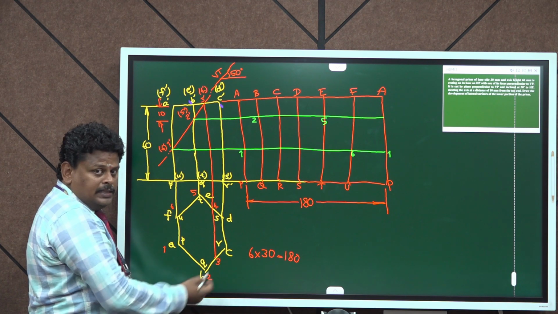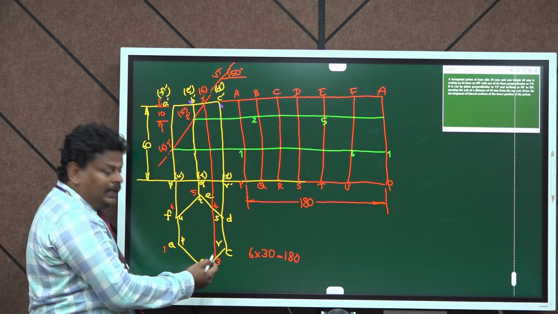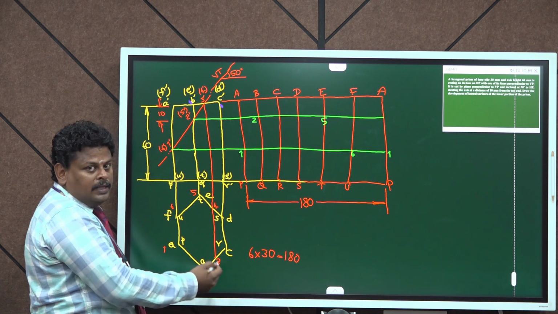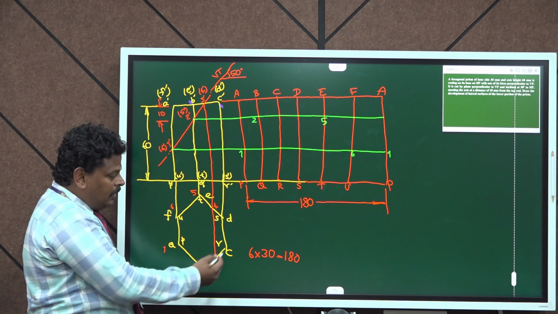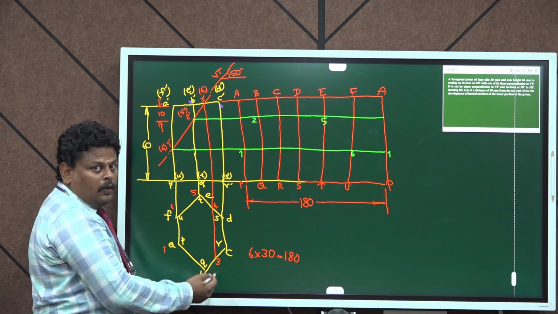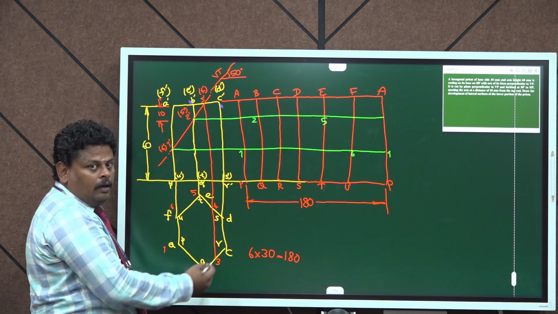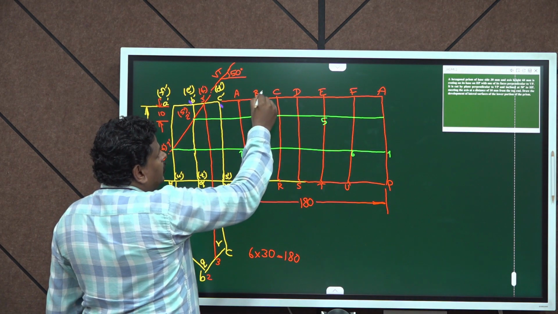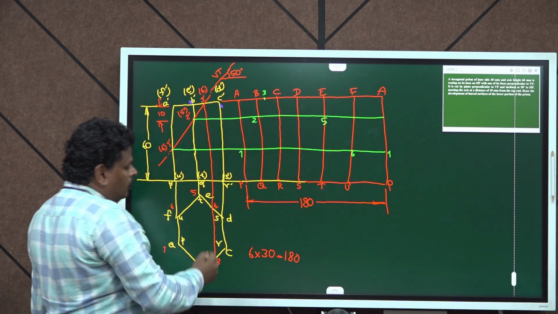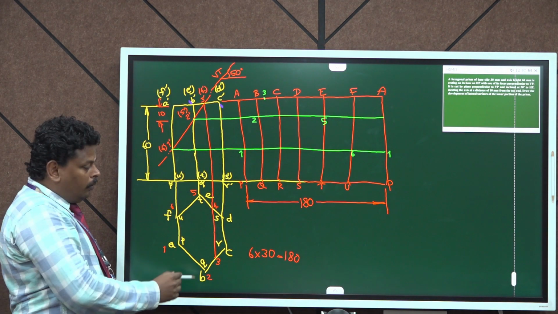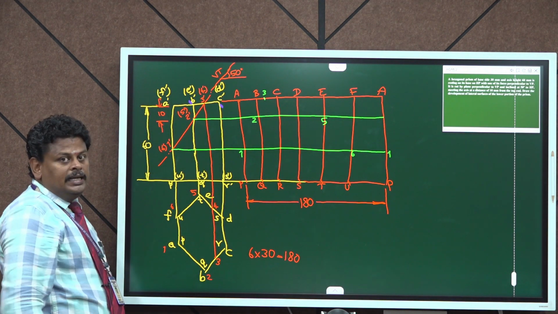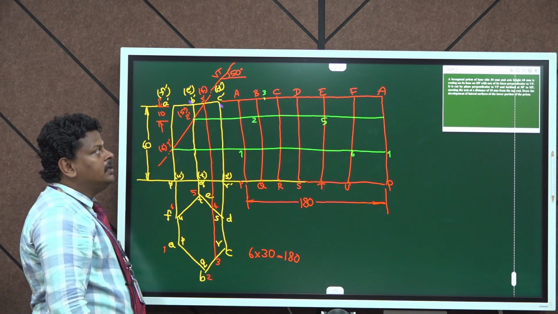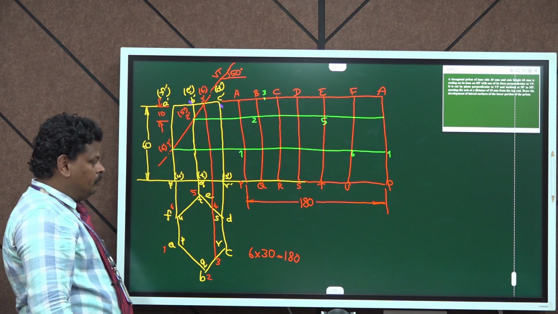Here we can see BC. How the point 3 divides this BC, we need to measure from the scale, or by using compass we can find out how the point 3 divides BC. Accordingly, we need to locate the point 3 over here. So how in the top view the point 3 divides BC, in the same way it also divides in the development capital BC. There we are getting the point 3.